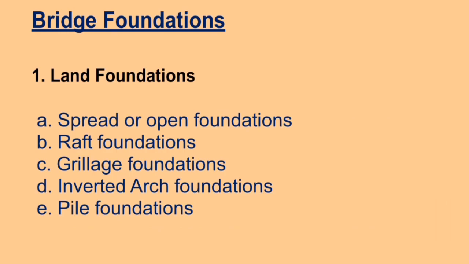Now, let's study about different types of bridge foundations. The lowest artificially built parts of abutments, piers and other similar structures having direct contact with the subsoil and supporting the bridge superstructure are called bridge foundations. And the first one is land foundations. The bridge foundations constructed on a dry land are known as land foundation.